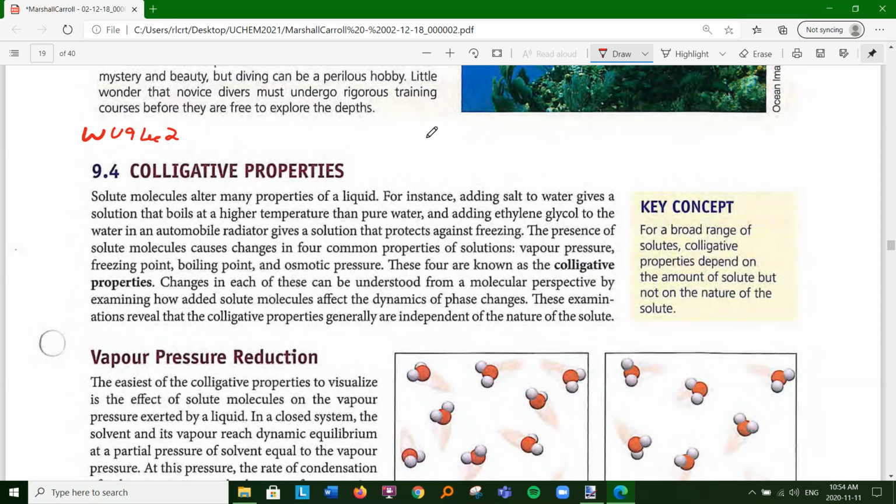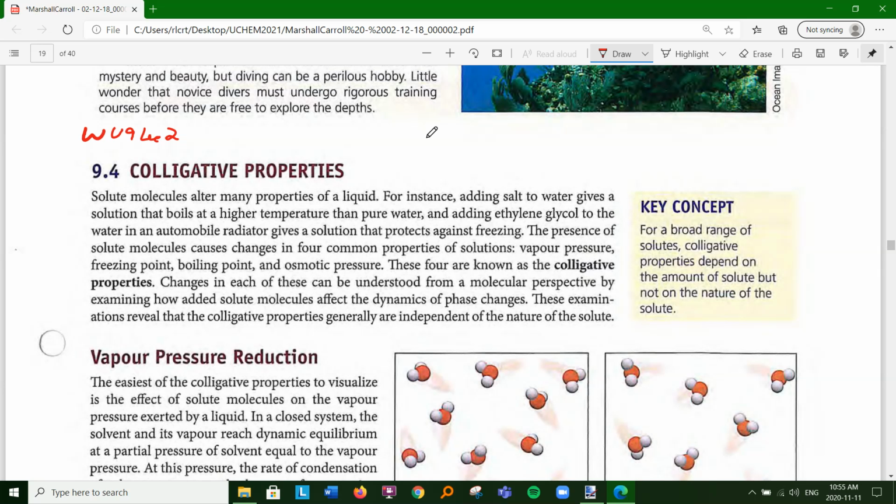We're looking at WU9 Lecture 2. So Lecture 2 in Unit 9, which is the last chapter that we do in Chem 1111. And this is an interesting topic, quite practical, called colligative properties. The G is hard, so it's not "colligative," it's colligative properties.